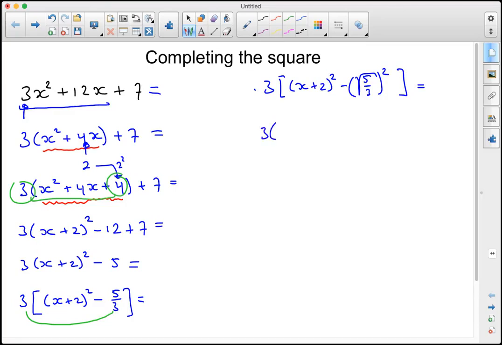To factorize, I can now say, oh, that's x plus 2 plus the root of 5 on 3 times x plus 2 take the root of 5 on 3. And now this is fully factorized.